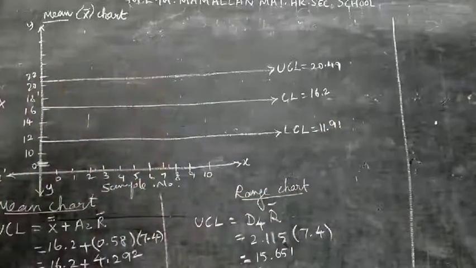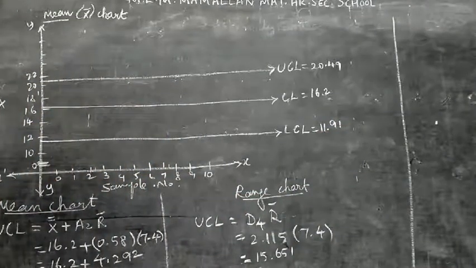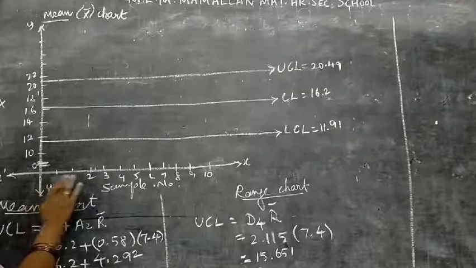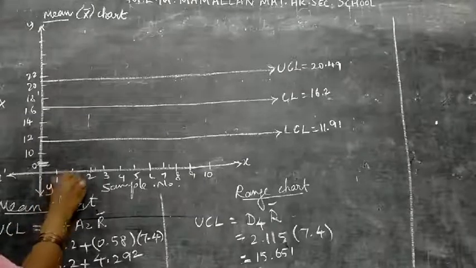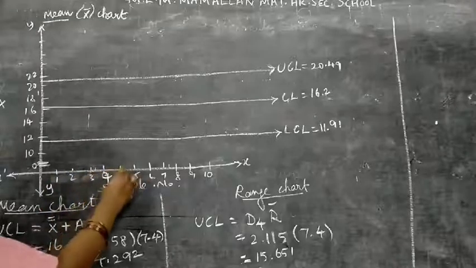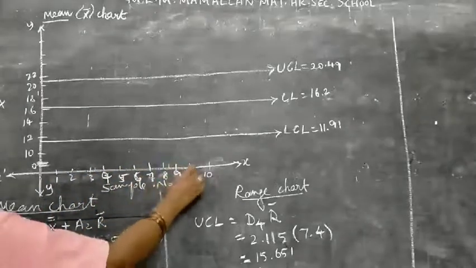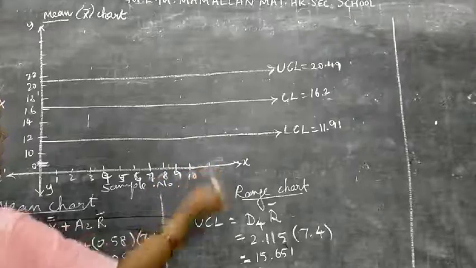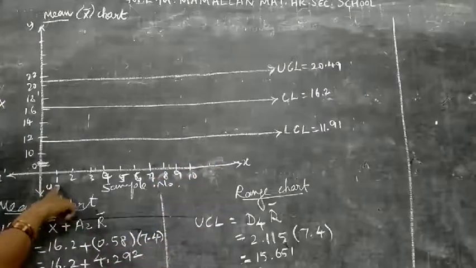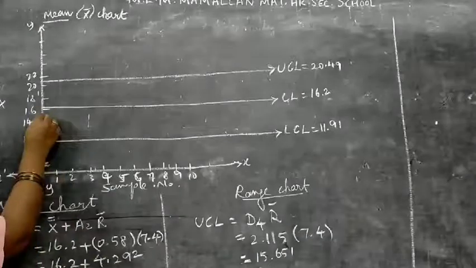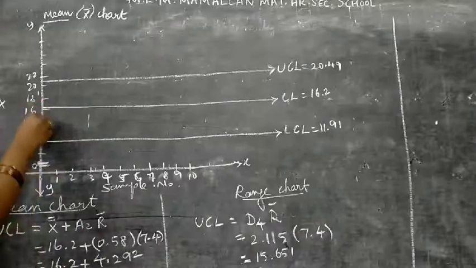Okay, that's all. Now we are going to plot as per our question. For sample number 1, X bar is 15. Sample numbers are 1, 2, 3, 4, 5, 6, 7, 8, 9, 10. Only 10 samples we are having. So for sample number 1, we want 15, which is between 16 and 14.